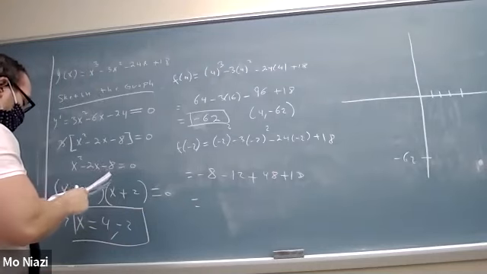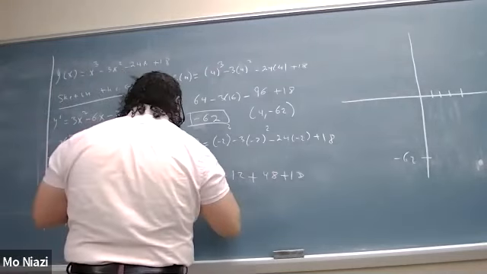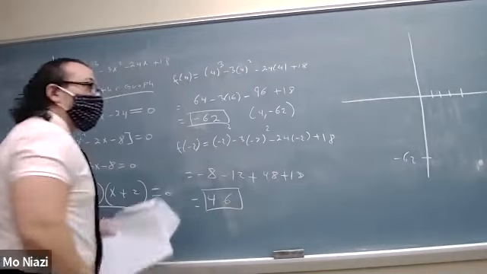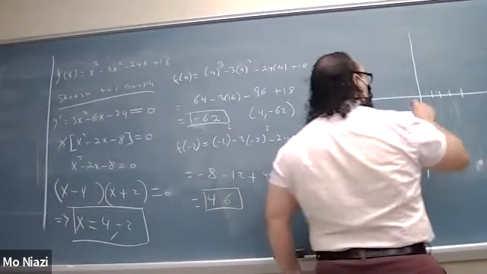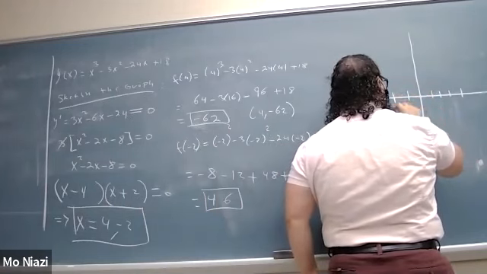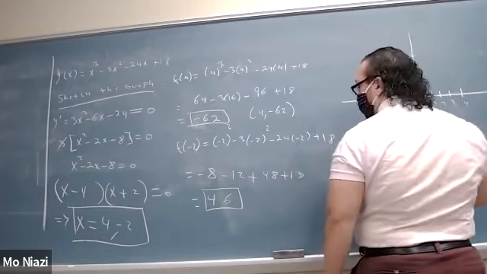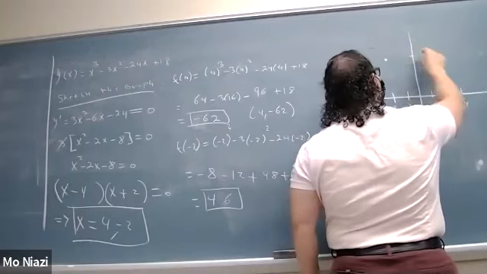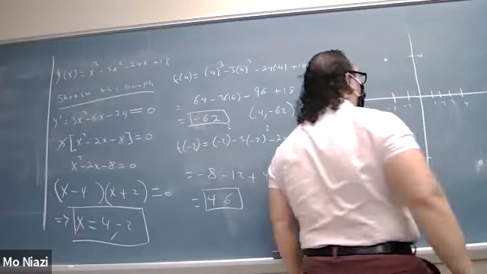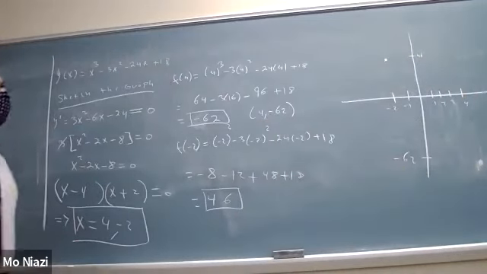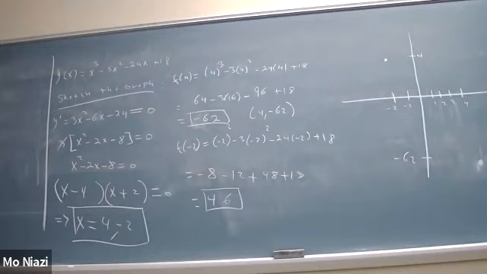We get a positive 46. So at -2, let's find -2 on the x. We find -2, we find positive 46, and we put a dot. So far, we only know 2 dots on our graph. But we know at those points, there is going to be an absolute maximum or an absolute minimum. We don't know yet. But we took the first derivative and we got that piece of information.